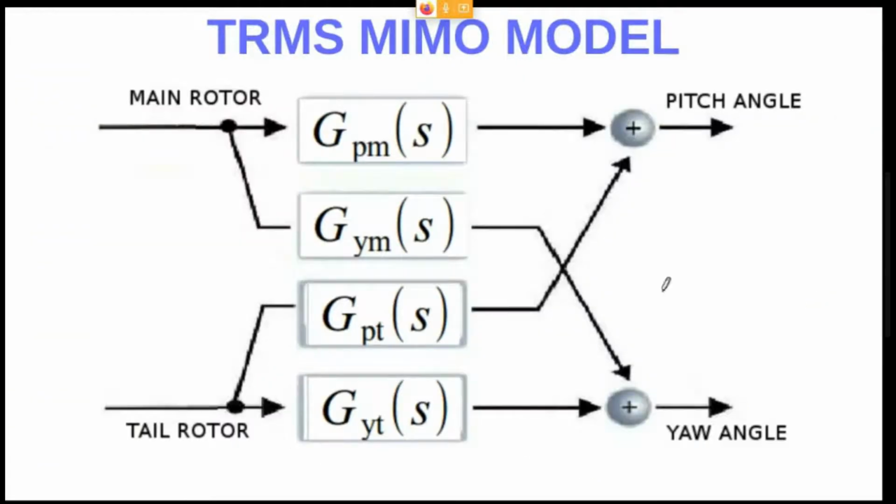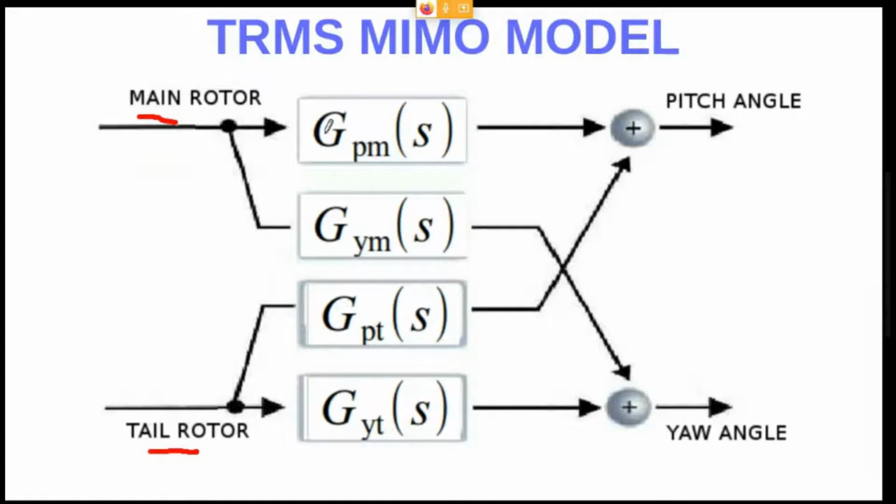So, as we said before, we have the TRMS MIMO model. It will be a two input and two output model. Here we have the main rotor, the tail rotor, and then the outputs will be the pitch angle and the yaw angle. As you can see here, we have named all the transfer functions that connect the two inputs and the two outputs.